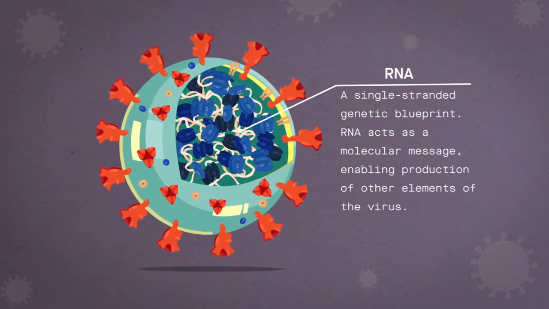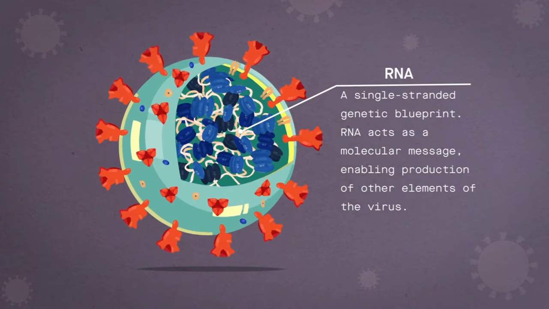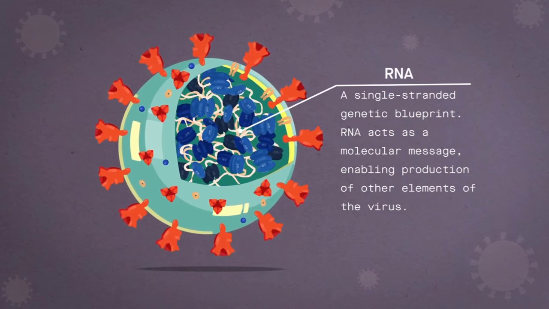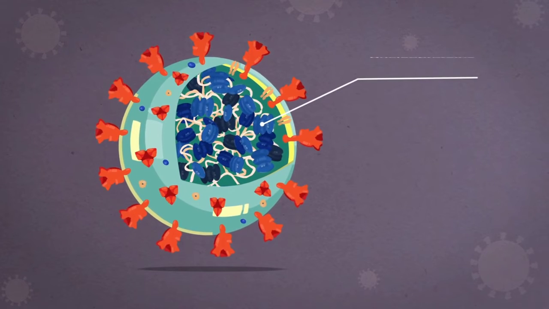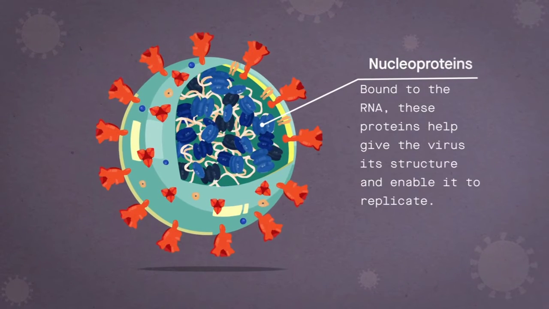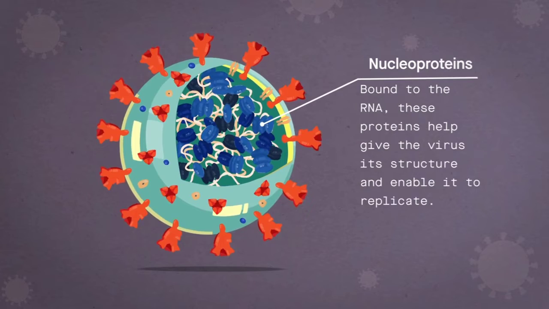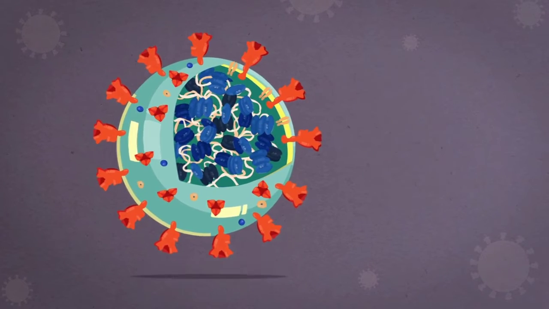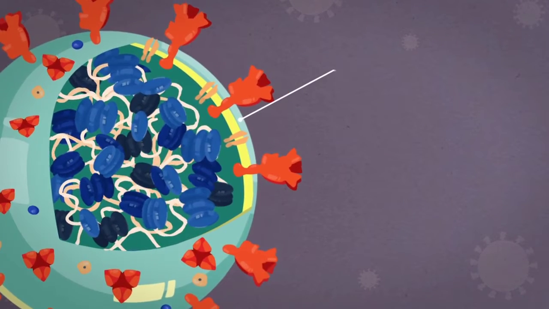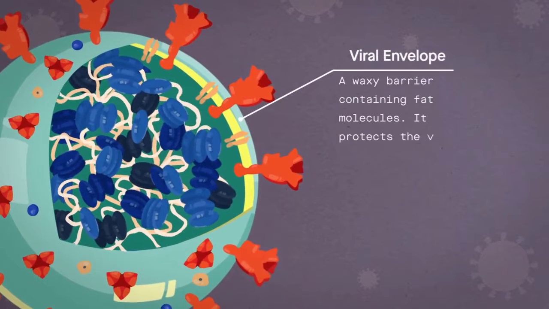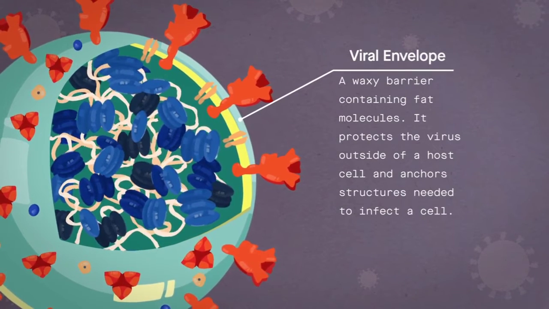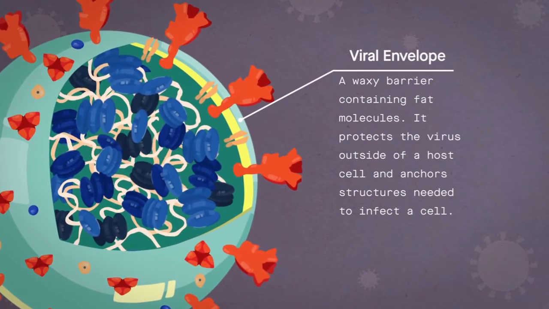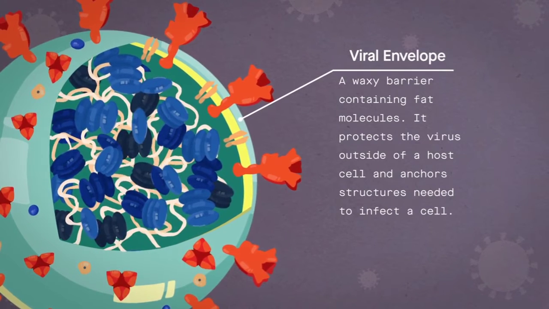The single-stranded RNA acts as a molecular message that enables production of proteins needed for other elements of the virus. Bound to this string of RNA are nucleoproteins, proteins that help give the virus its structure and enable it to replicate. Encapsulating the RNA genome is the viral envelope, which protects the virus when it is outside of a host cell. This outer envelope is made from a layer of lipids, a waxy barrier containing fat molecules.